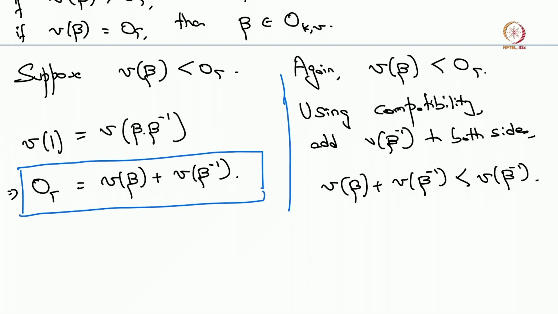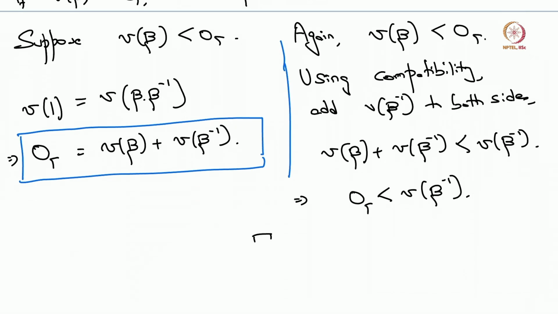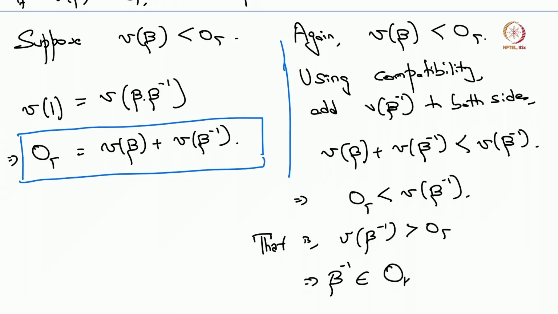Okay, but what's the valuation of beta plus the valuation of beta inverse? We've just shown that it is 0, the identity element of gamma. So we get that the identity element of gamma is strictly less than the valuation of beta inverse. That is, the valuation of beta inverse is strictly larger than the identity element of gamma, and so this means that beta inverse should belong to MV.